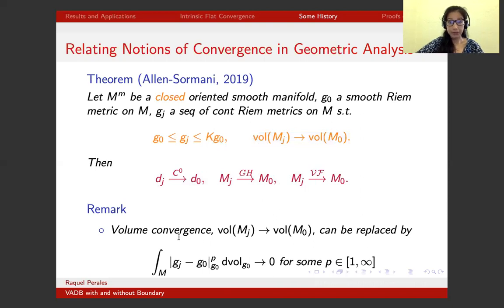The remarks about this theorem are as follows. The volume convergence can be replaced by the L^p convergence of Gj minus G0 to 0 for some p. So here p doesn't need to be m over 2 as in the previous theorems. And let me tell you a little bit how to prove this theorem.